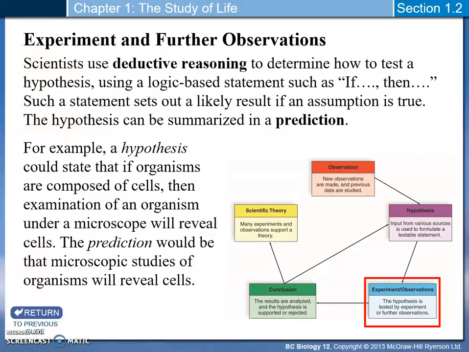And such a statement then sets out a likely result if an assumption is true or not. So the hypothesis then can be summarized in a prediction. So as an example of this, a hypothesis could state that if organisms are composed of cells, then examination of an organism under a microscope will reveal cells. So the prediction would be that microscopic studies of organisms will reveal cells.